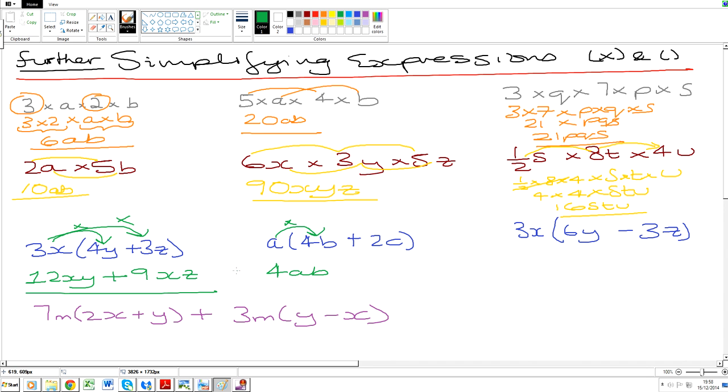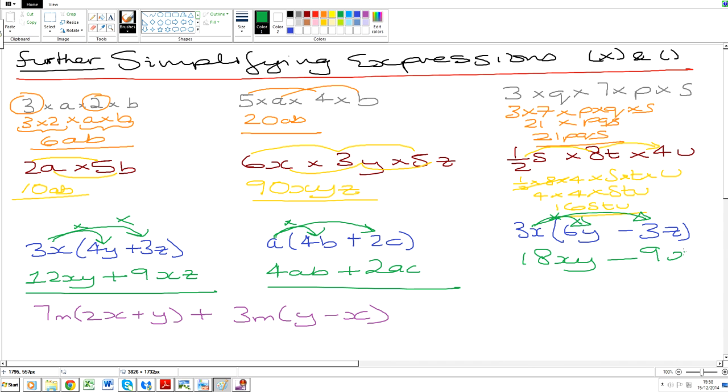Again, remember, write in alphabetical order, make it look nice. So we have a times plus 2c, which gives you plus 2ac. Put the number first, even though the letter is first; it doesn't matter, it looks better that way. Next one. We have 3x times 6y, which will give you 18xy. 3x times minus 3z will give you minus 9xz. That's one done.